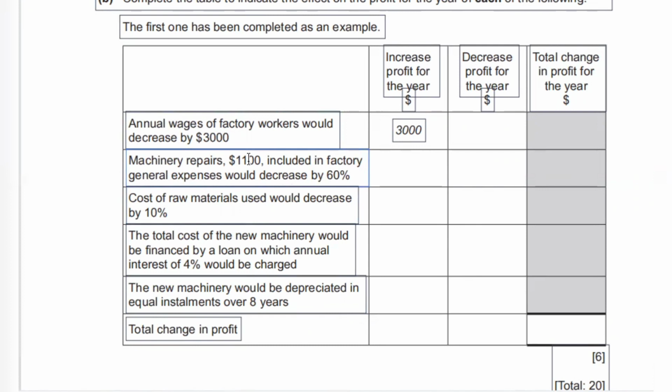Now it is only 1100 minus 1100 into 40%, that will be 440. Now the machinery repairs is only 440 and we had previously written it as 1100. So it will also increase the profit by 660.